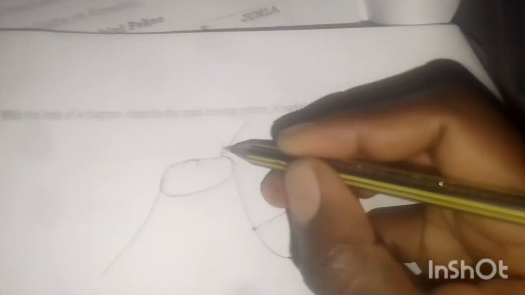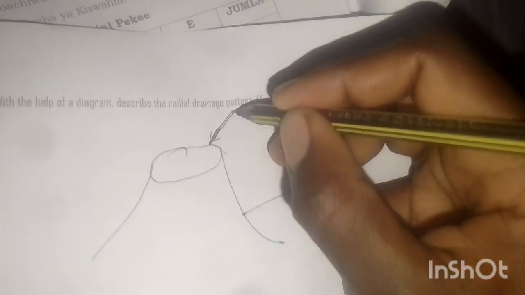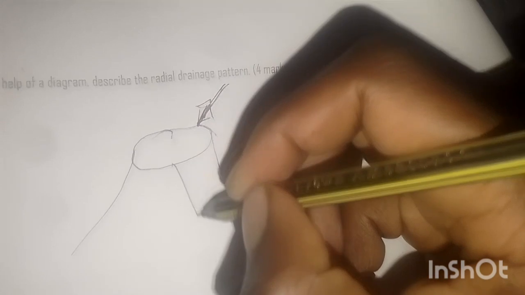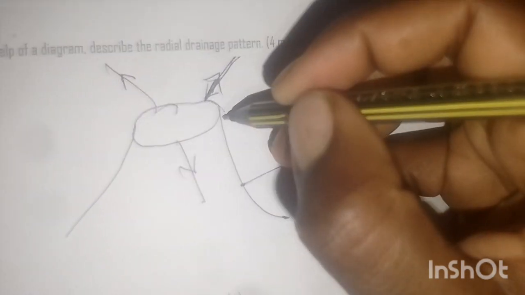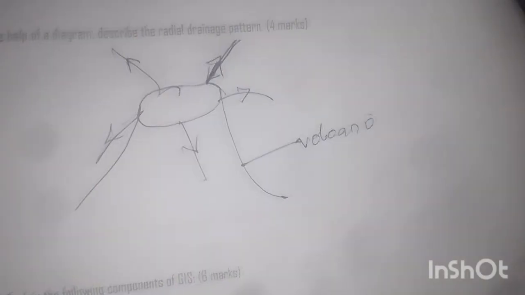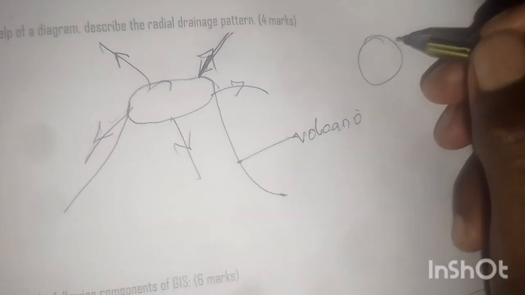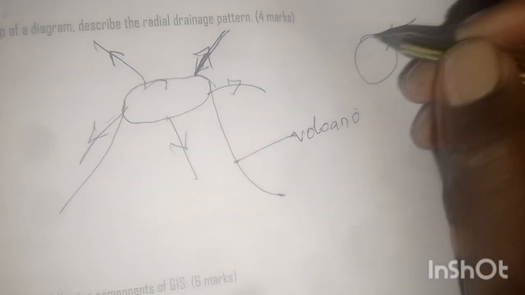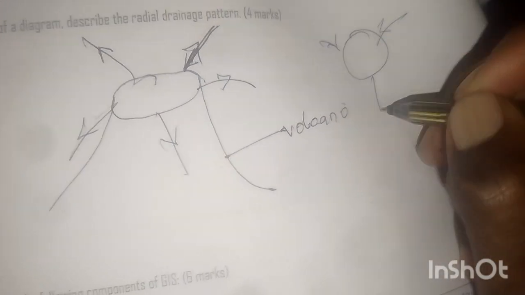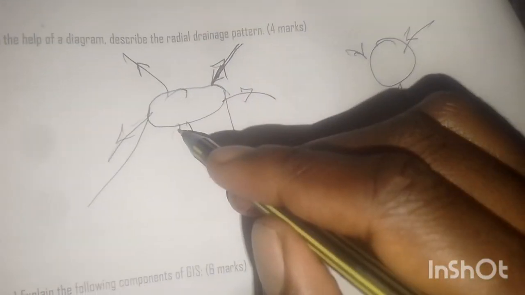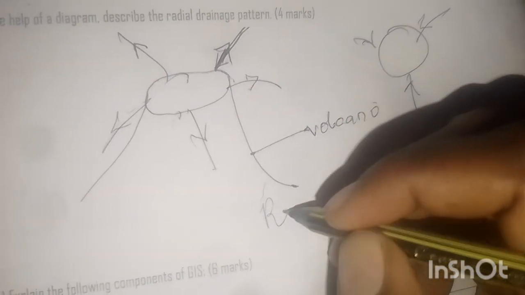So like you're seeing there, we're supposed to have the rivers radiating outwards. So if it was a crater lake there, it is the source of water and the rivers are coming out. Centripetal, it will be the other way around. They are coming in. So this is radial and this is centripetal drainage pattern.